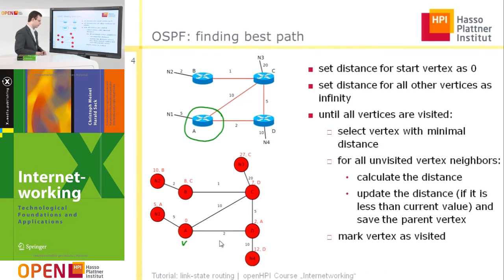So now we have calculated the distances to every vertex in this network, and router A can now select the best path to every destination.